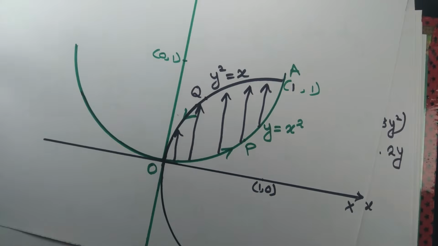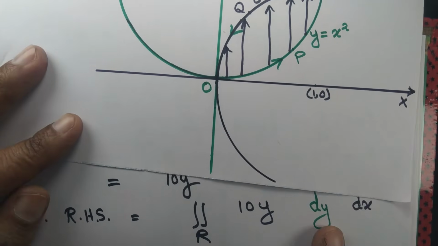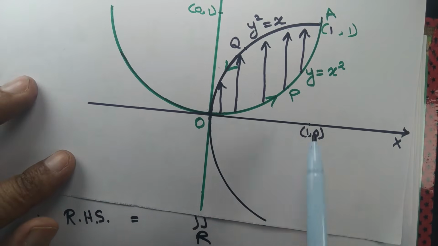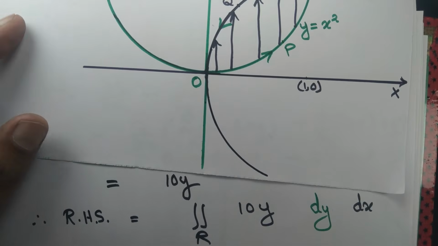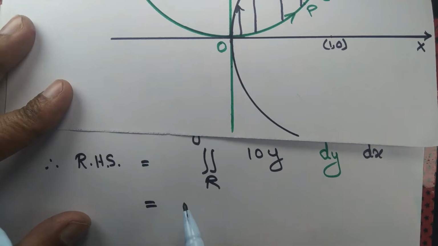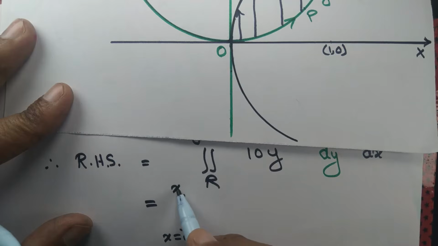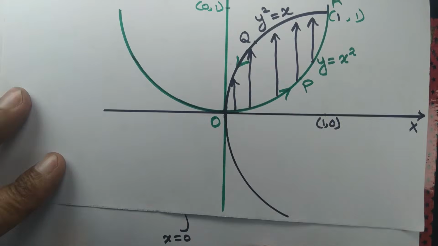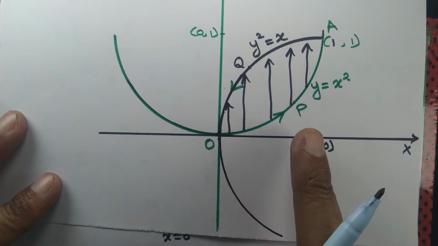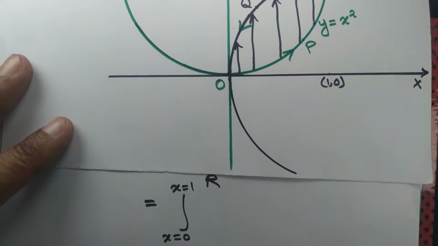Let's do it. So we need to change x from 0 to 1. This region can be obtained by just covering x from 0 to 1. Your x is changing from x equal to 0 to x equal to 1, and then y is changing from y equal to x square to y equal to root x.